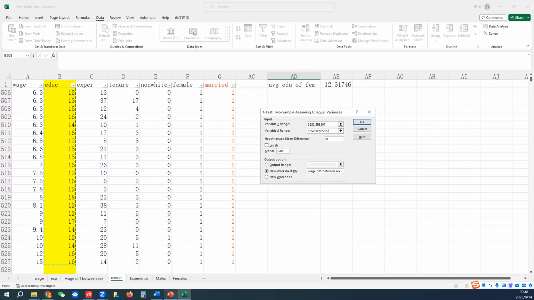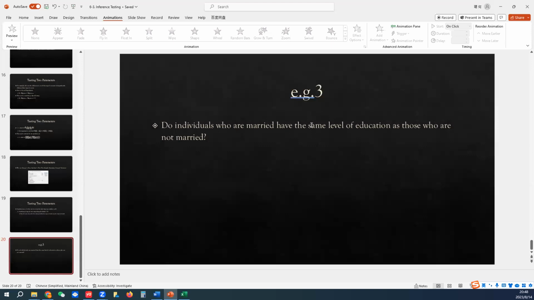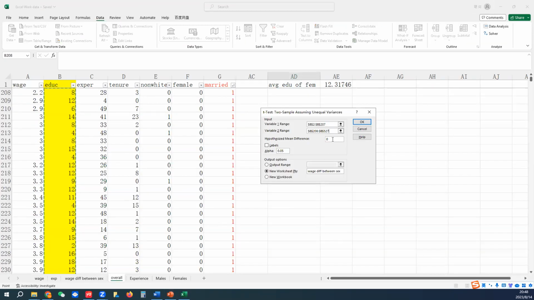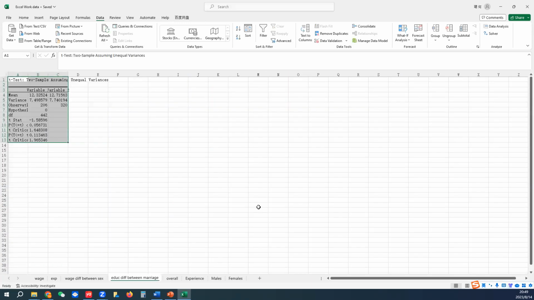And here the question is whether they have the same level. Then the hypothesized mean difference should be 0. There should be no difference between these two. And the new worksheet is the education difference between marriage. Okay, so here in this case, look at them.